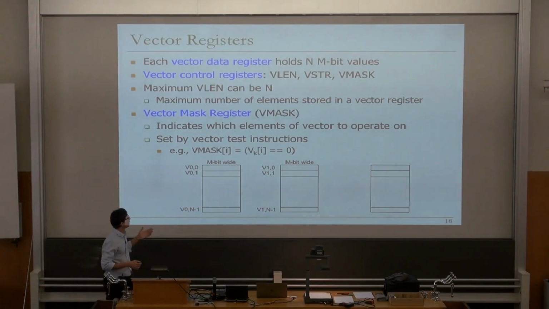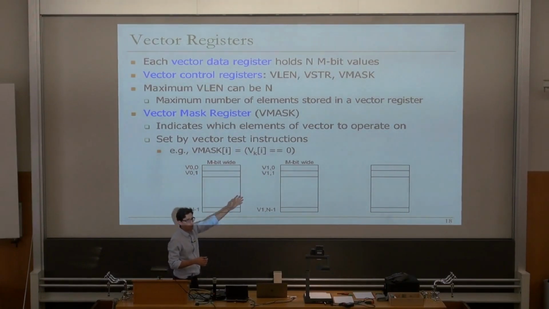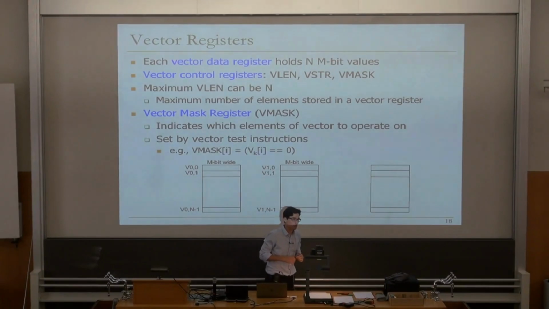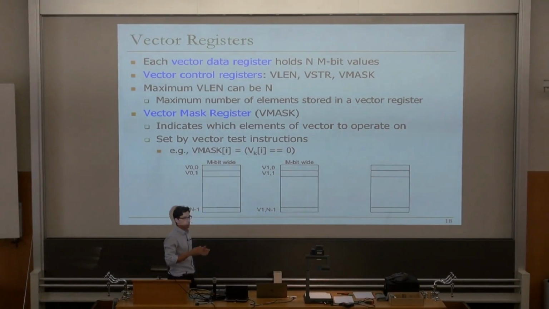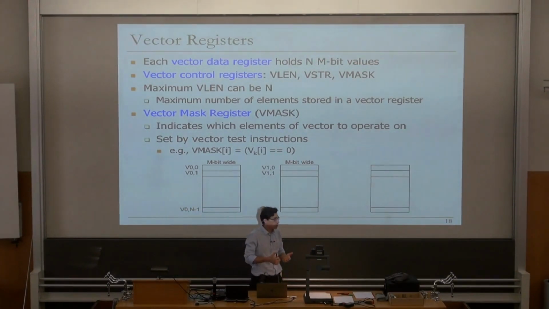For example, the example here is that we might want or not to operate on elements that are equal to 0. So depending on the outcome of this predicate that we have here, the corresponding bit in the vector mask will be 1 or 0, and this will mean that the operation is actually executed or not.